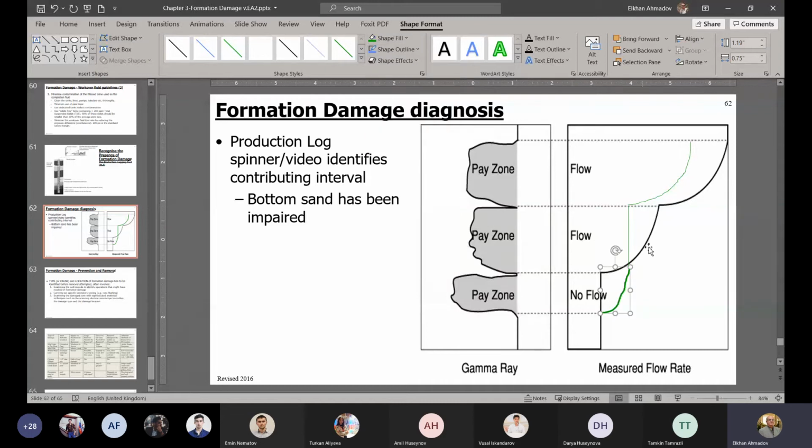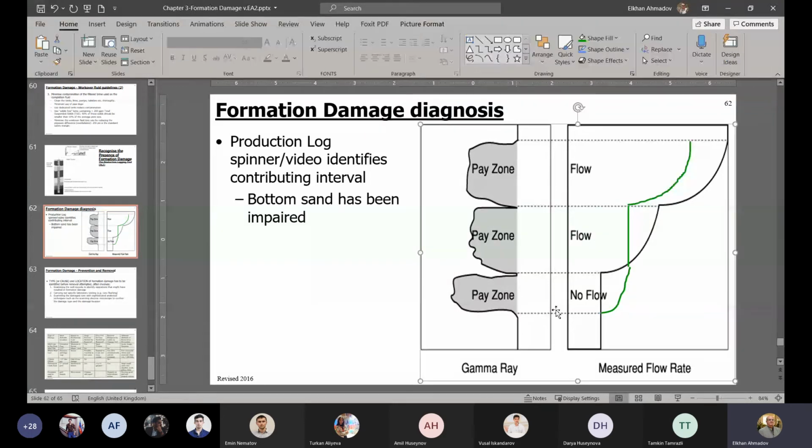Because now when this spinner went off this flowing zone, it will see only the flow from this zone, and this flow is constant. So if there is no cross flow, then whatever flows out of this zone will flow upward into the tubing.